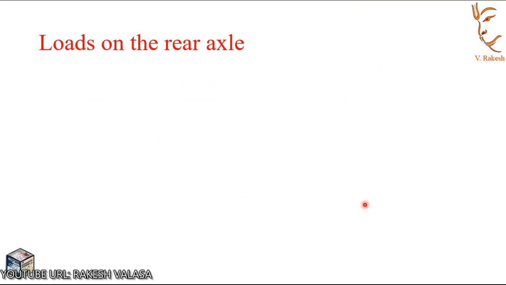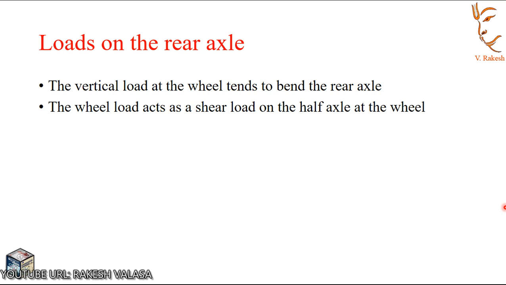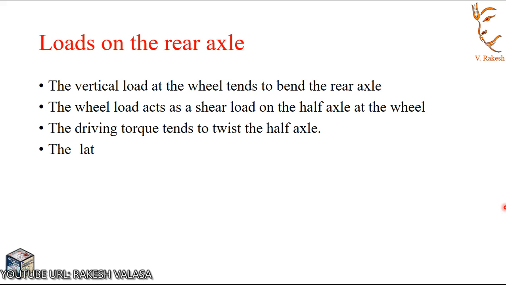Last topic is loads on the rear axle. The vertical load at the wheel tends to bend the rear axle. The wheel load acts as a shear load on the rear axle at the wheel. The driving torque tends to twist the rear axle.